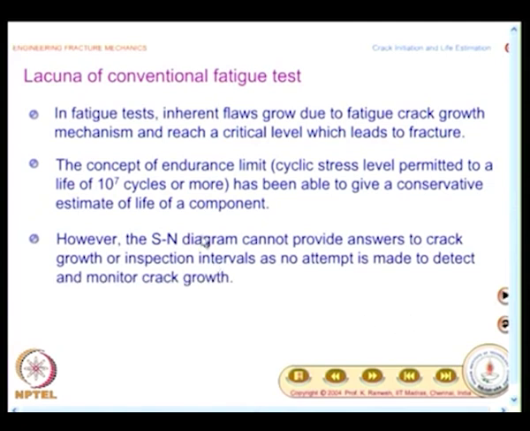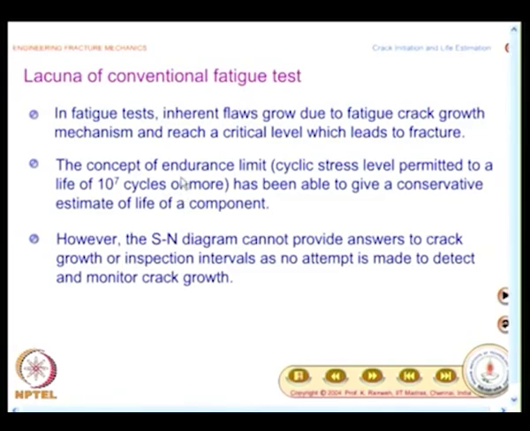You are only noting the endurance limit. The concept of endurance limit was quite useful. We say what is the cyclic stress level permitted for a life of 10 power 7 cycles or more, and I had also mentioned all components fail eventually.